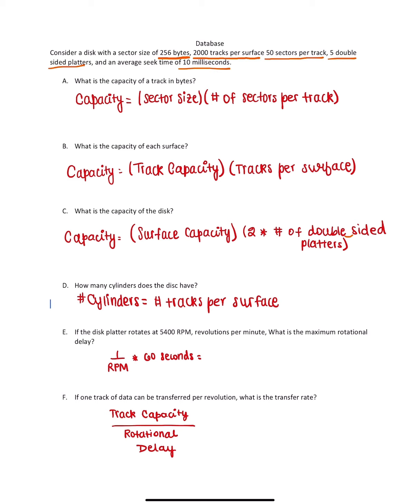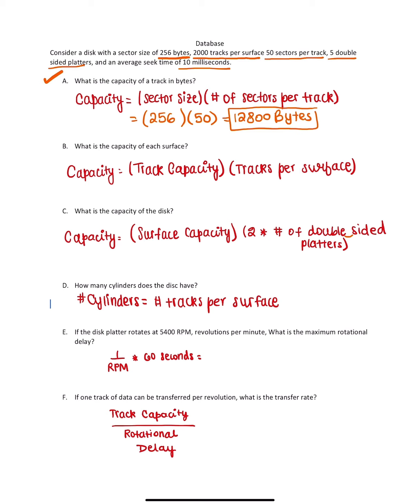And we're asked, what is the capacity of the track in bytes? So we know the capacity equals the sector size, which is given to us, which is 256, and then multiply that by the number of sectors per track, which is also given to us, which is 50, and that gives us a capacity of 12,800 bytes.